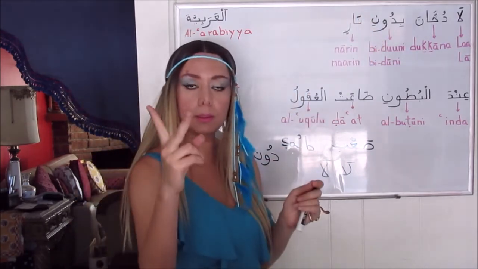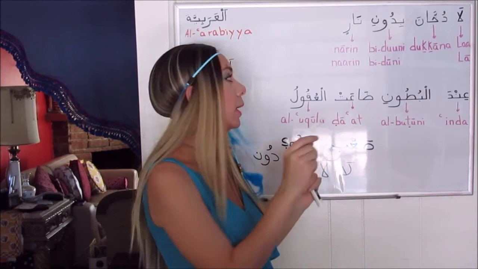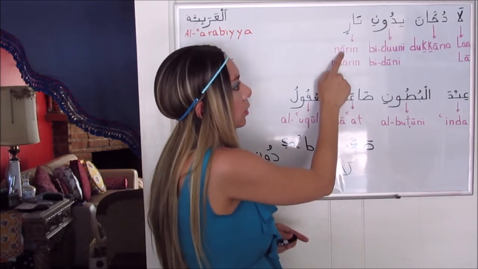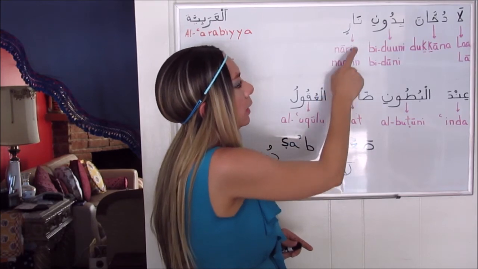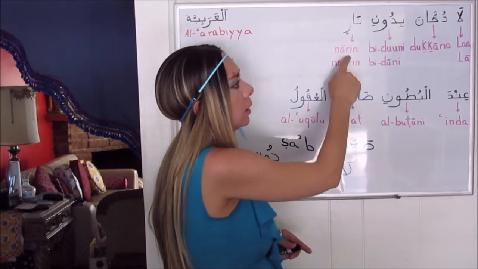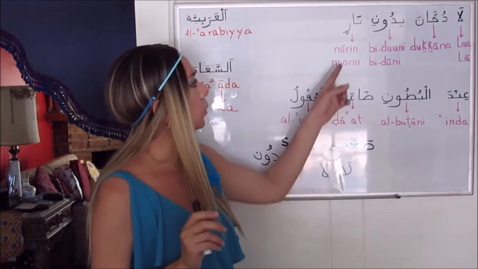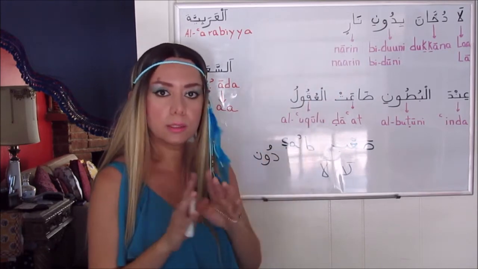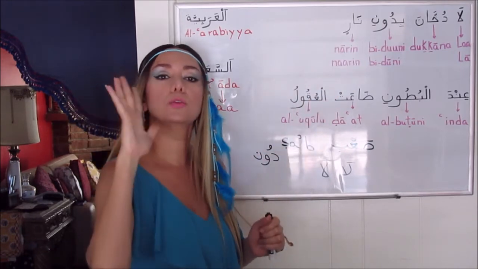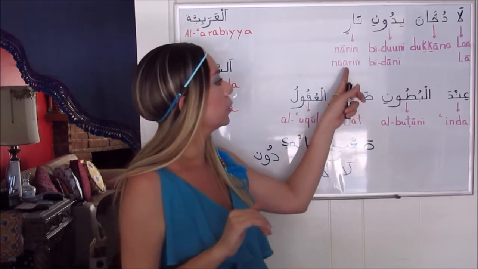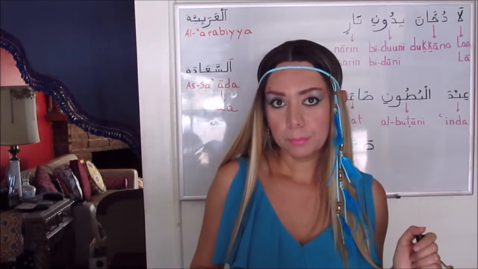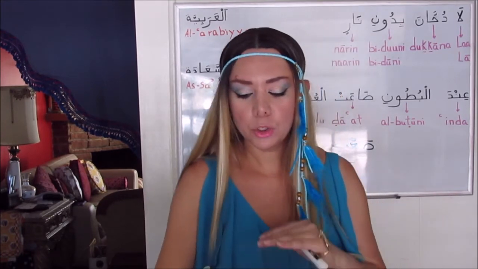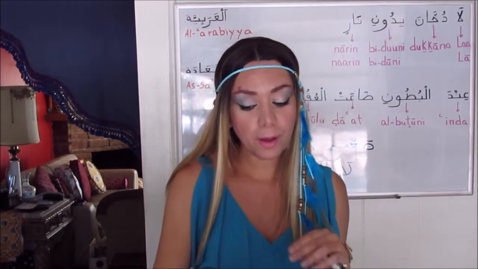So we have a long fatha, double A, overlined, or you may write it this way. And rin, we have the R plus the in, tanween. For two kasras, we hear the sound of in, narin. So you write the I and the N. La dukhana biduni narin. There is no smoke without fire.